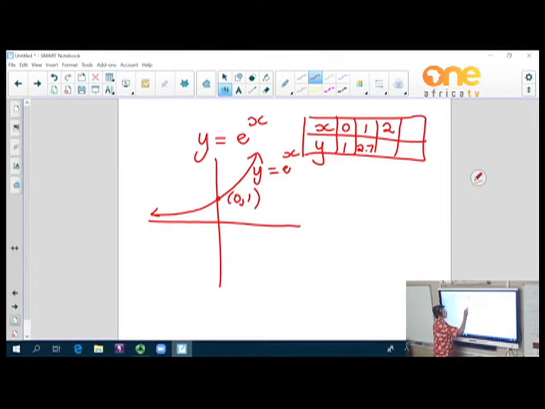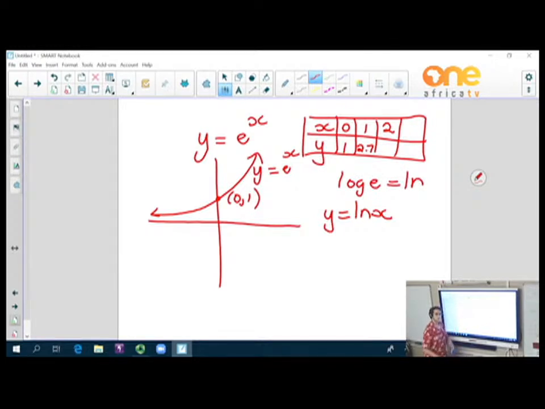Now, the inverse of y is equal to e to the power of x is y is equal to ln x. Because we're actually going to log both sides, as we did. So to find x, we will log both sides. And log base e is ln. That is something that we need to know now. Log base e is ln.